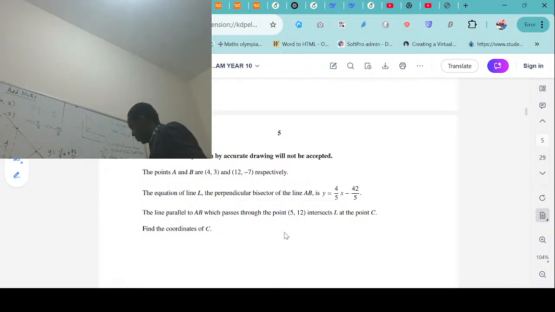So I'm just moving this part to the top. Equating these two, we have 4/5 x. I think I can even write it this way: (4x minus 42)/5, since 5 is common, isn't it? Equals negative 5x plus 73/4. I think I can do this, right?